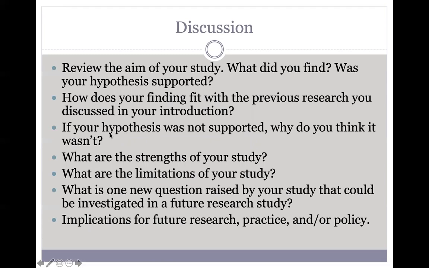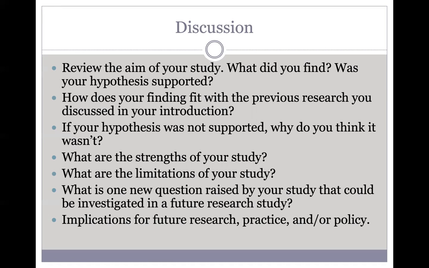You might say, oh, well, a limitation. Sometimes if your hypothesis is not supported, the limitation really goes hand in hand here. So you could say, I don't think our hypothesis was supported because, insert something about gender differences, and then you can say also, there were only 20 females but like 75 males.